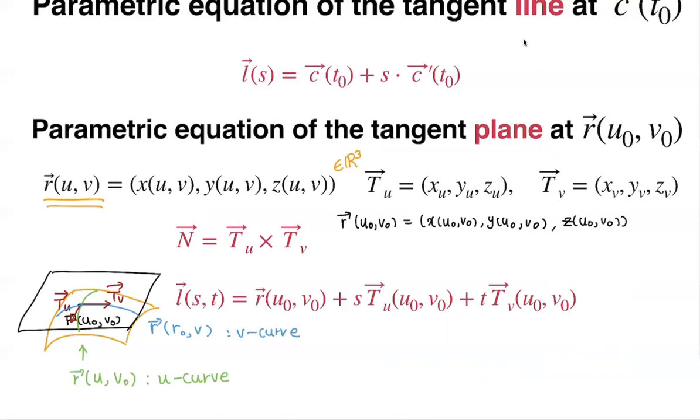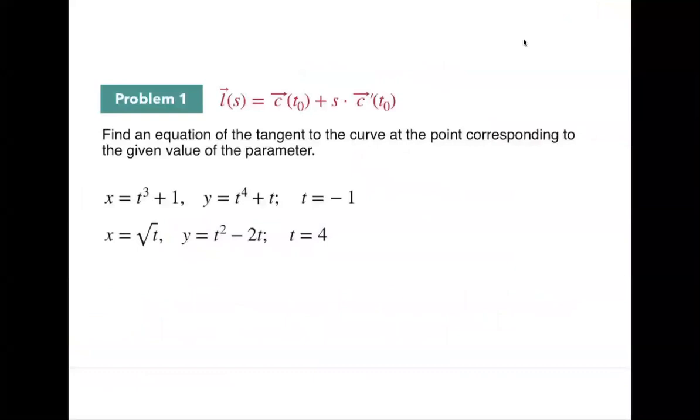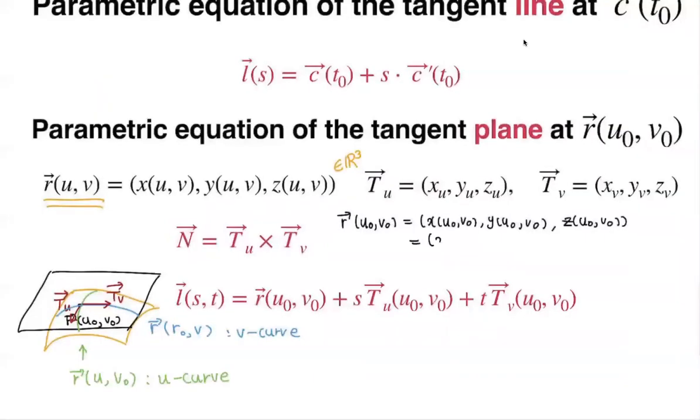For convenience, let's say that it is x0, y0, z0. Then our equation of the tangent plane is given by n inner product with (x minus x0, y minus y0, z minus z0) equal to 0.